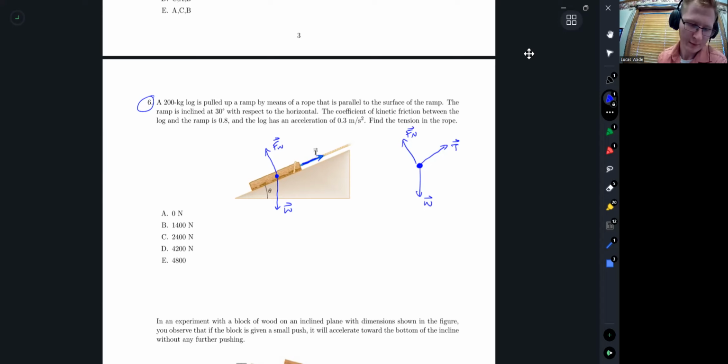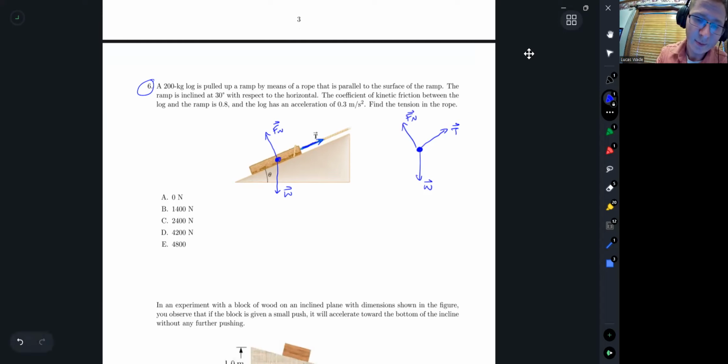Down. Opposite, good. Because that is opposing the motion of the log. The log is accelerating, meaning it has to be sliding along the ramp, and so we're dealing with kinetic friction. It tells us that anyway, but good to know why it should be kinetic. So that's acting down the ramp.